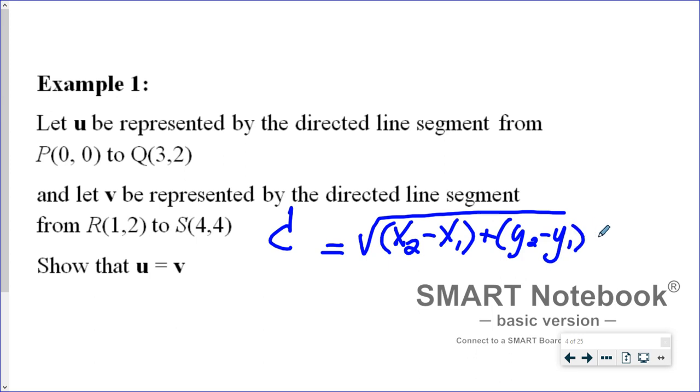And this was from Algebra 1, geometry, all of that kind of stuff. First we'll do from P to Q here.